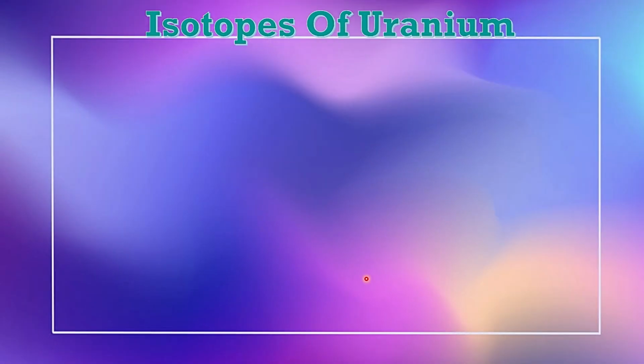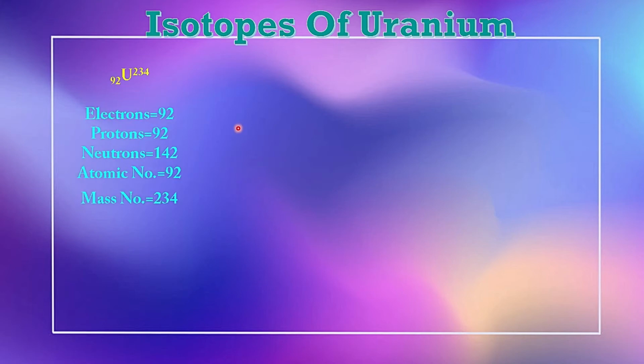Alright, now we will discuss one radioactive element, uranium. All three isotopes of uranium are radioactive in nature. There are three isotopes. First one is uranium-234. Its subatomic particles are like this: electrons 92, protons 92, neutrons 142. Atomic number 92 and mass number is 234.